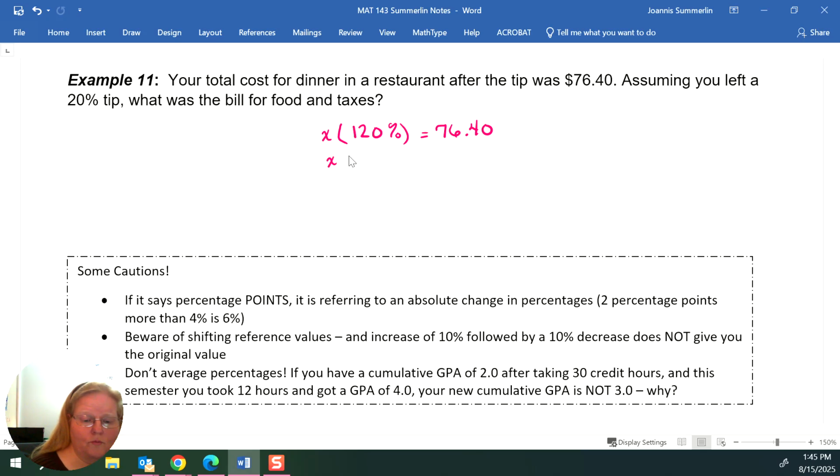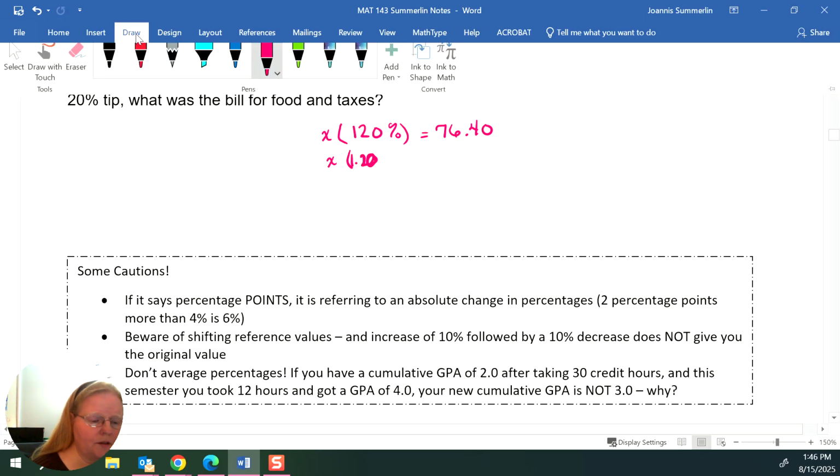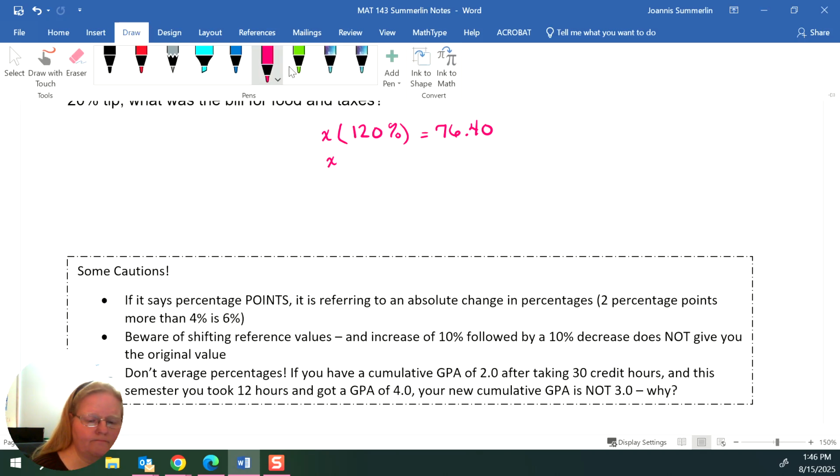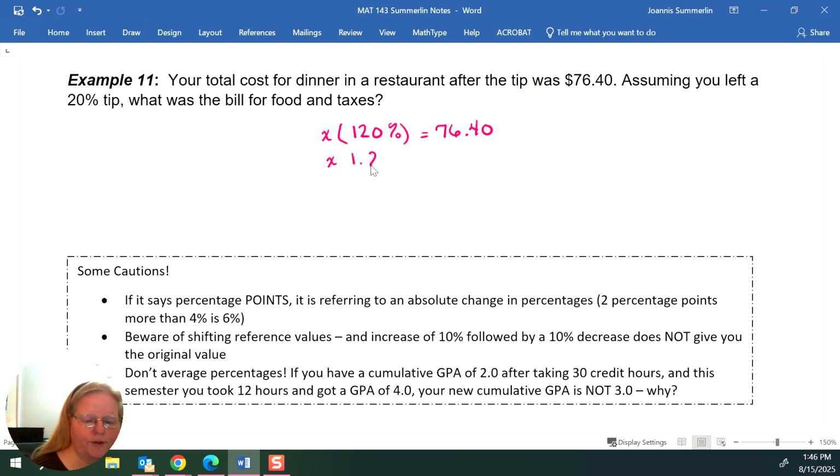So x times 1.20, because it just moves 2 places. Let me clean that up. x times 1.20 is equal to 76.40. I can divide both sides by 1.20 and get that x is equal to $63.67.